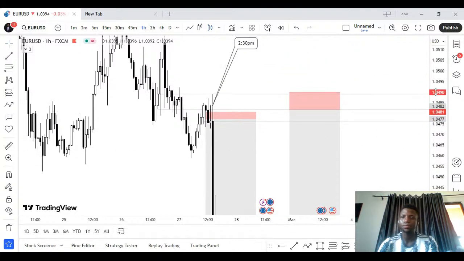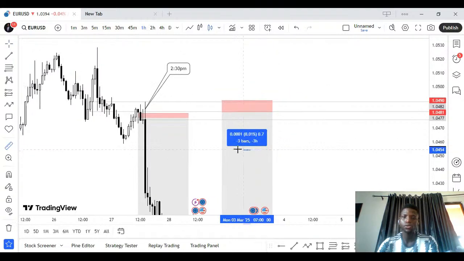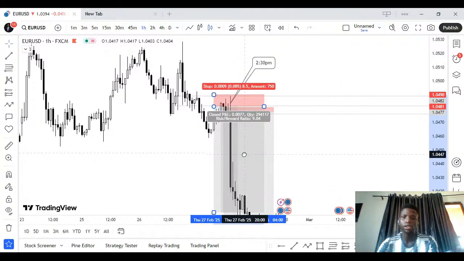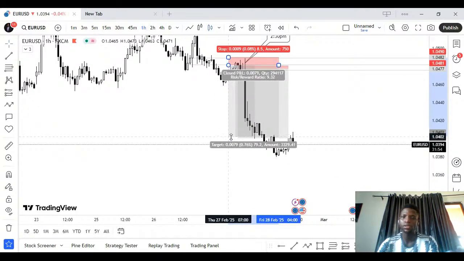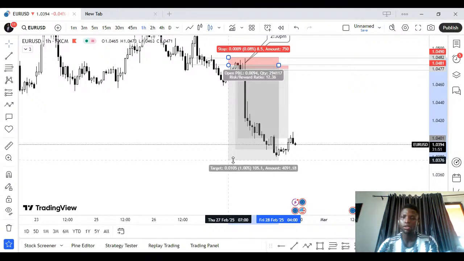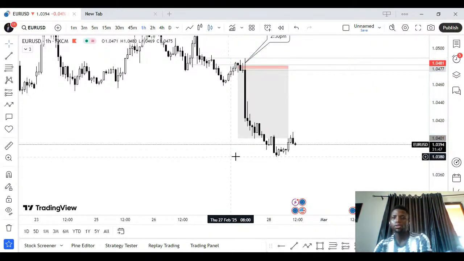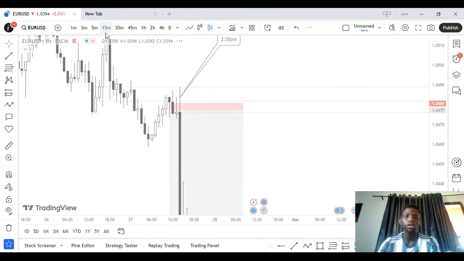And if you look at that, I'm just going to move it over, and you realize that that is a trade that has played out and given about 11.88 risk to reward.